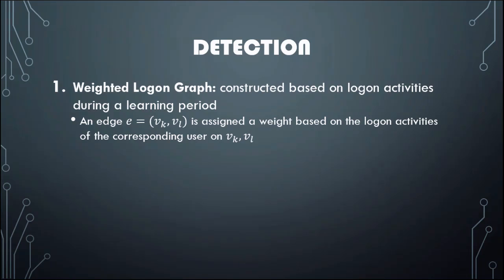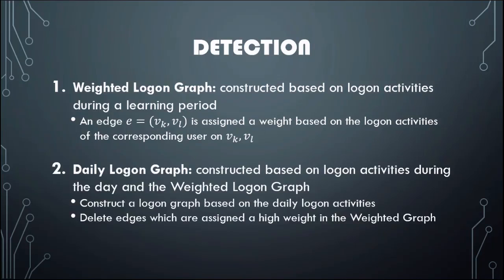So we'll have a month or 2 months in which we study the behavior of all the users, and then we compute the weight of every edge based on the activities of that user between the two computers. Meaning, if a user frequently connects from one computer to the other, the corresponding edge would get a high probability, and if there's a connection that the user rarely makes or never made to the machine, then the corresponding edge would be given a low or a 0 probability.